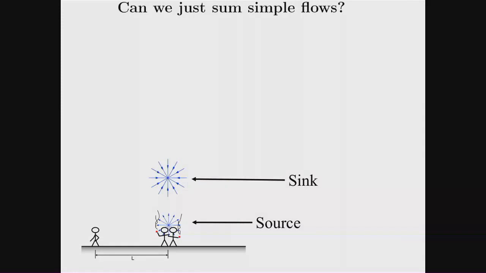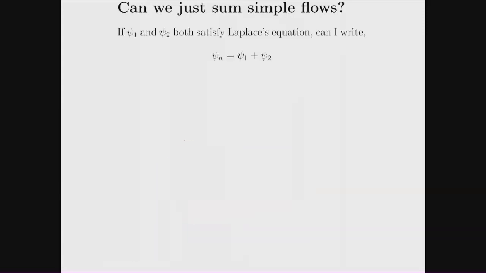Right, so the next question that we have to ask is then, are we able to just sum up simple flows, right? So for the smoker's problem, we not only need a sink, but we also need a source. Now when we add a source and a sink together, do we still satisfy our momentum equation and continuity? Okay, and I can rewrite my stream function, right?